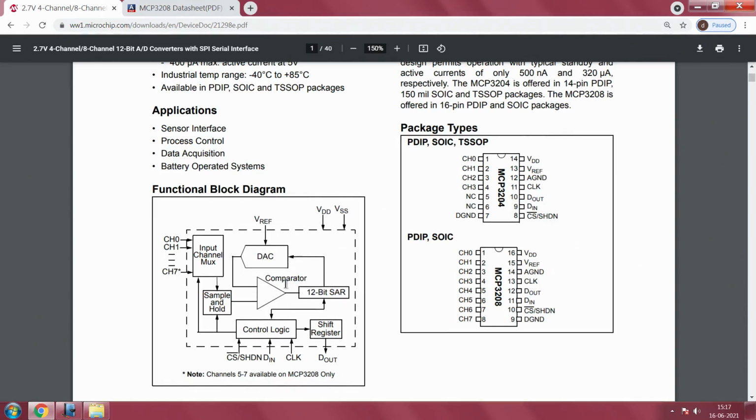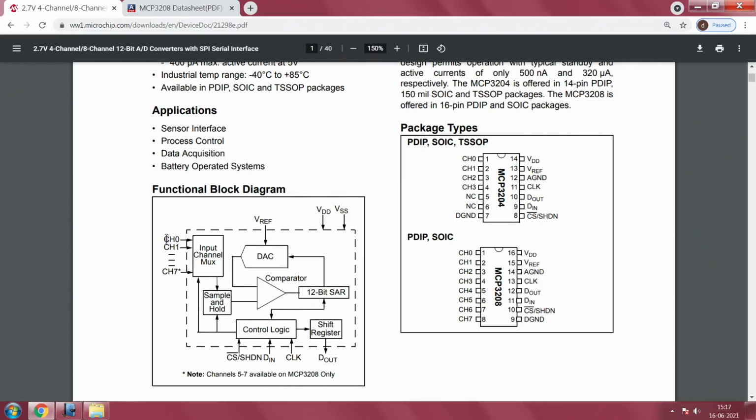DAC, comparator, 12 bits are the 3 heart of the whole system, and that is where the whole ADC actually works. It is strange that your ADC actually contains a DAC, that means it has a DAC, digital to analog converter. Why? Now we will understand why that actually happens.